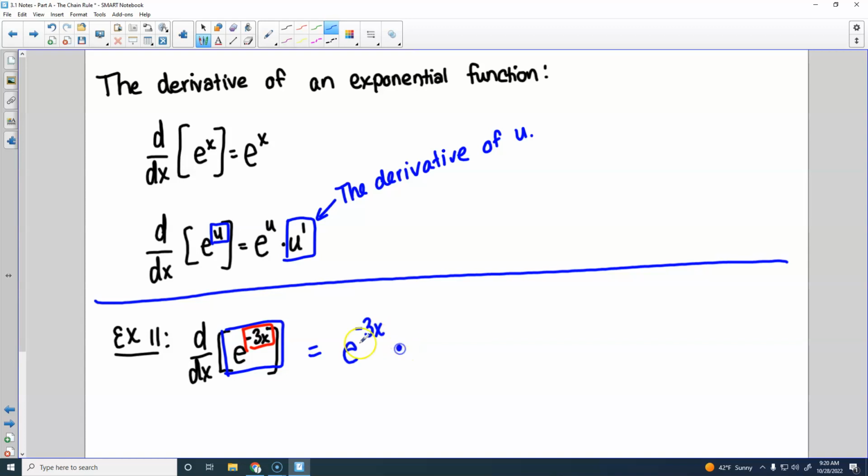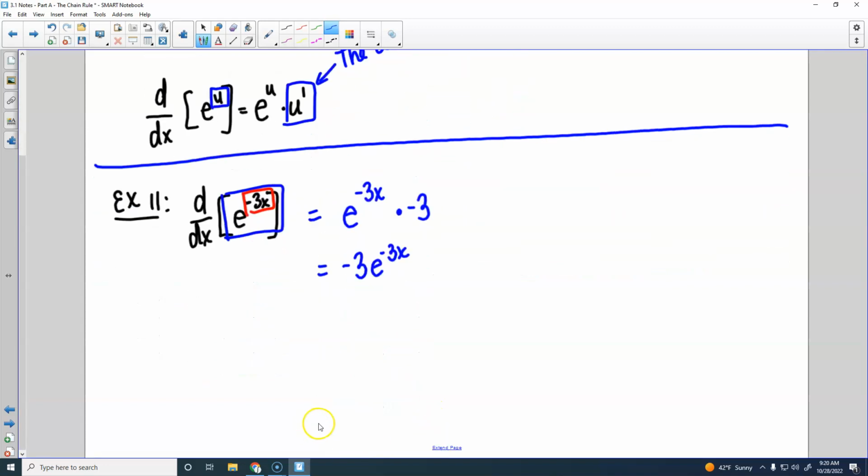So the derivative of the negative 3x is negative 3. And so there's a couple ways they might leave this answer. You might just see it written negative 3e to the negative 3x. Also, since that has a negative exponent, there's a decent chance that they will write it this way, negative 3 over e to the positive 3x.